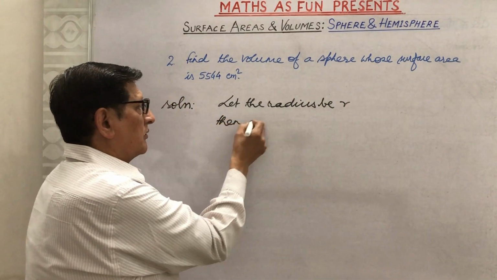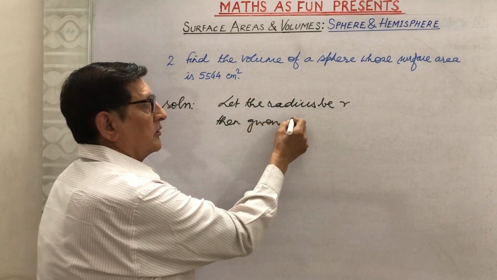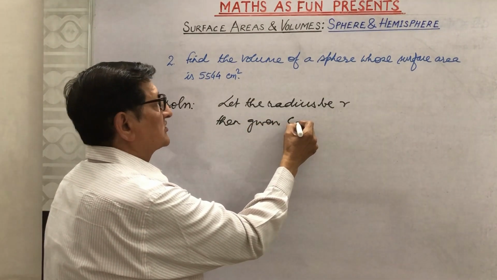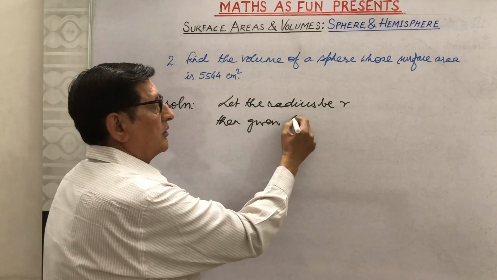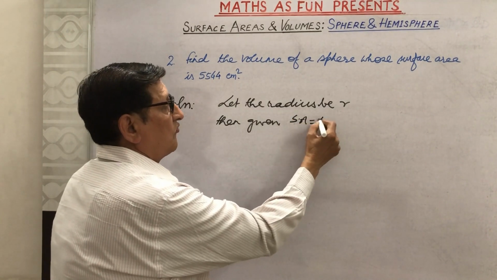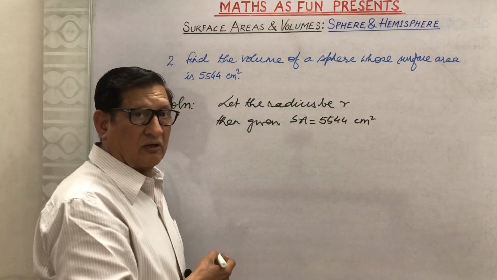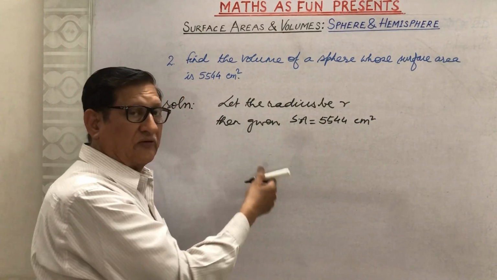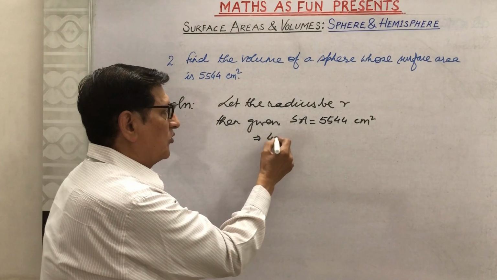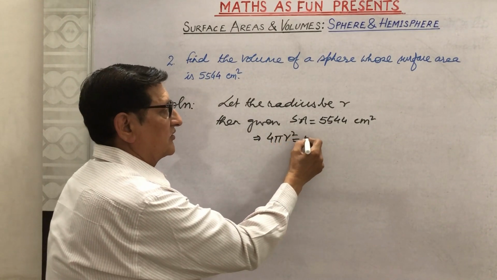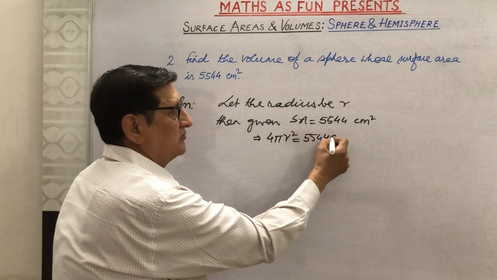Then given curved surface area, or you can say only surface area, is equal to 5544 centimeter square. We know the formula for surface area of a sphere, that is 4 pi r square, that is 5544 centimeter square.